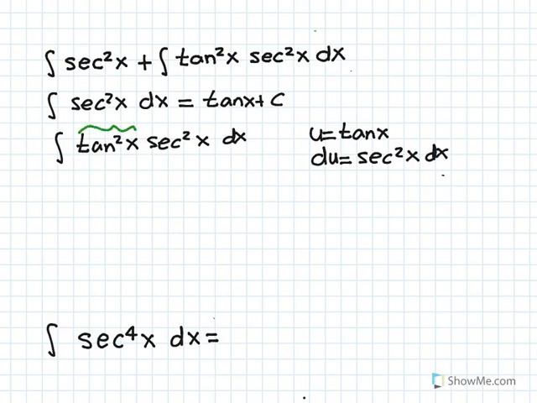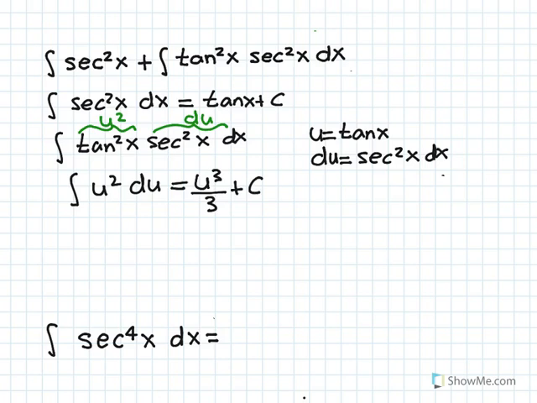So tan squared x, this part of the integrand, will be u squared, and sec squared x dx, this part, will be du. So we have the integral of u squared du. And reversing the power rule, that's going to give us u cubed divided by 3 plus c. Now let's put u back in, because we have to get the answer in terms of x, and we get tan cubed x divided by 3 plus c.